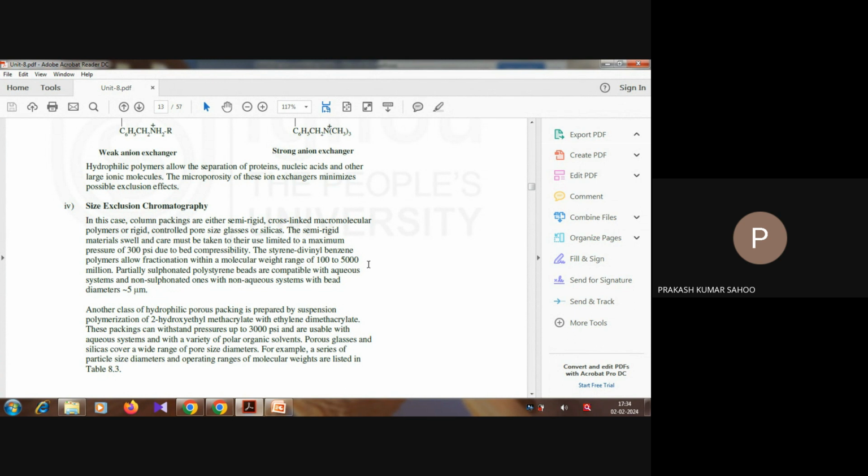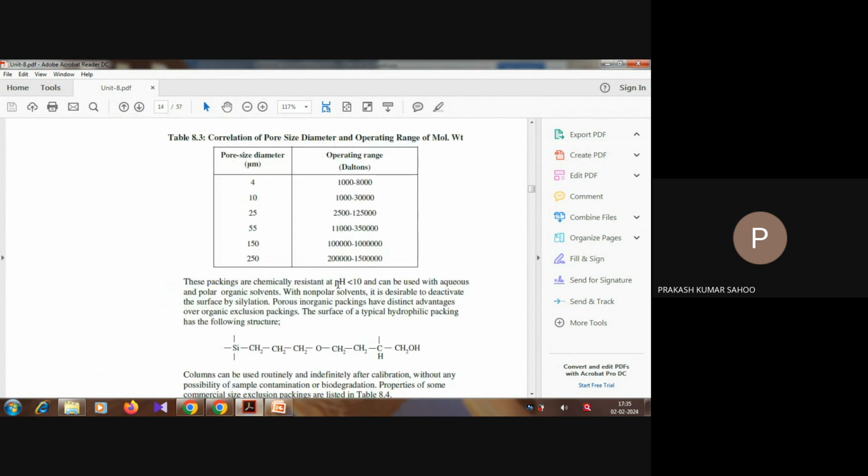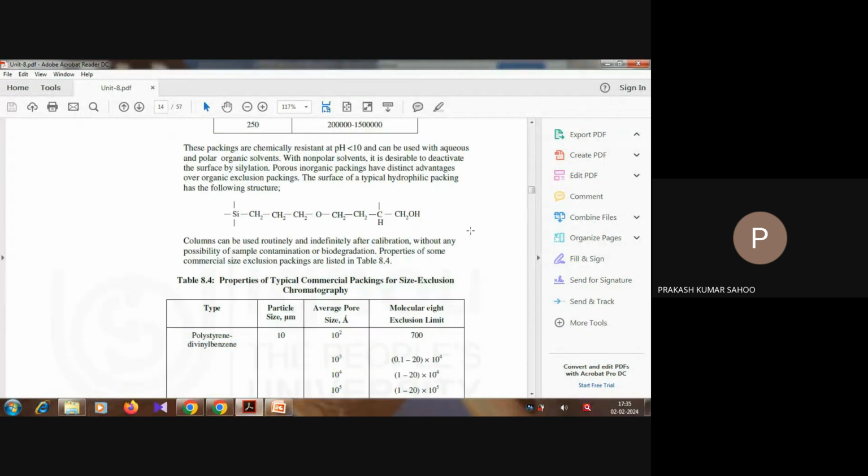Due to this, the chromatography is also known as size exclusion chromatography, where big size particles are excluded. Then we have pore size diameter with operating range in Dalton. So just go through these.